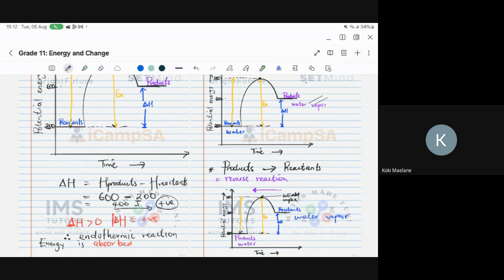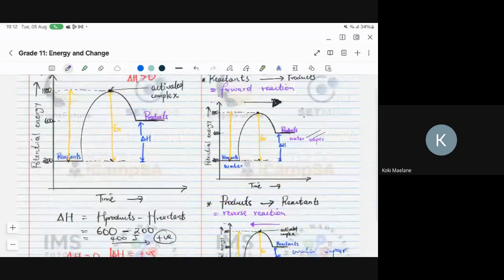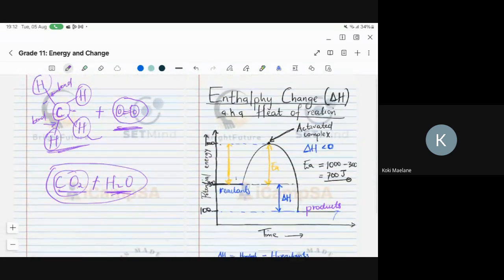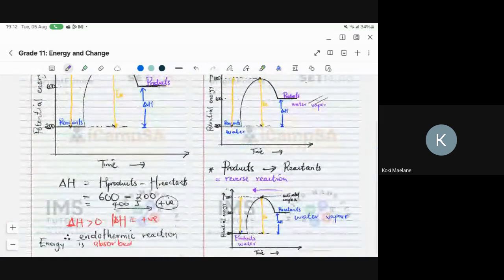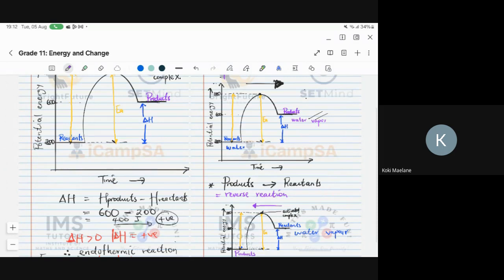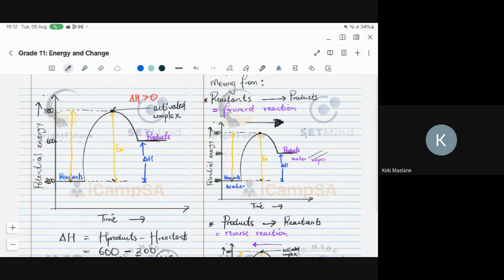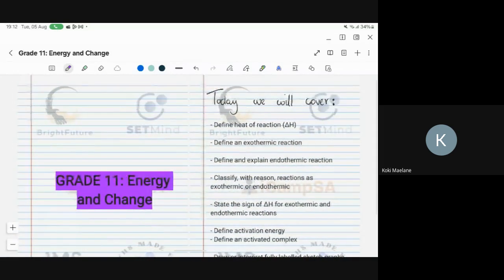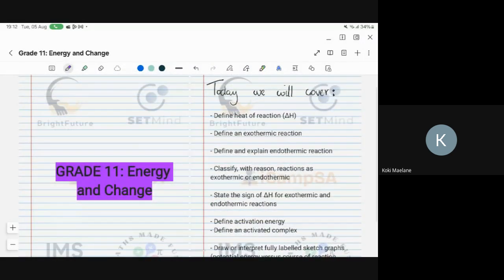And then now we have explained what exothermic reactions are. We have explained what endothermic reactions are. We have explained the different types of either you're moving forward or to the reverse direction and what it means for your reaction. Right. Now I want to show you just how much you have come for this lesson.